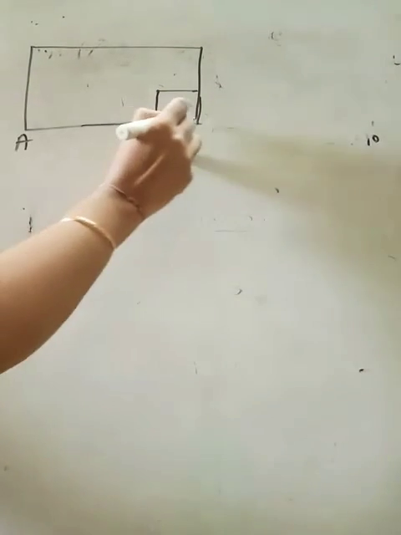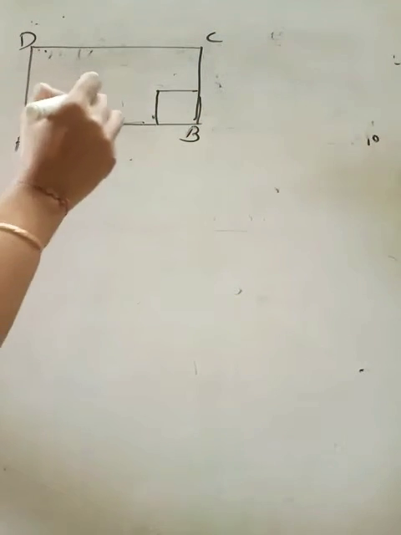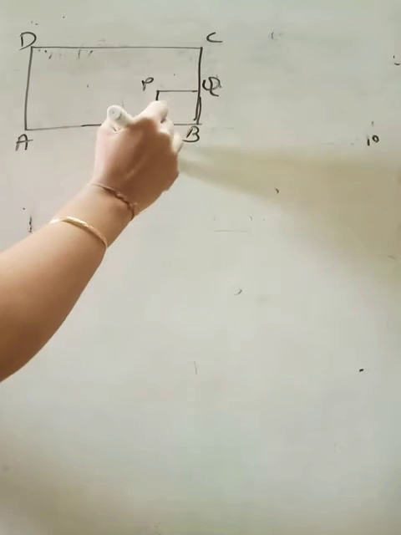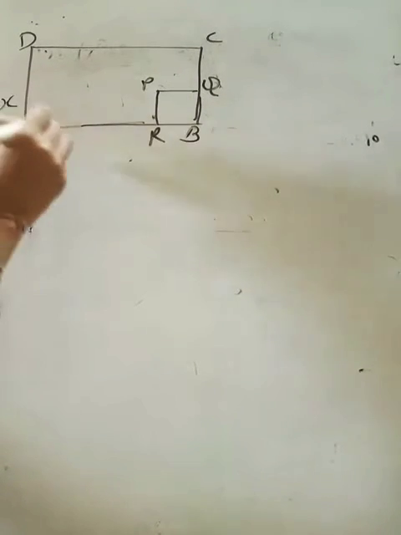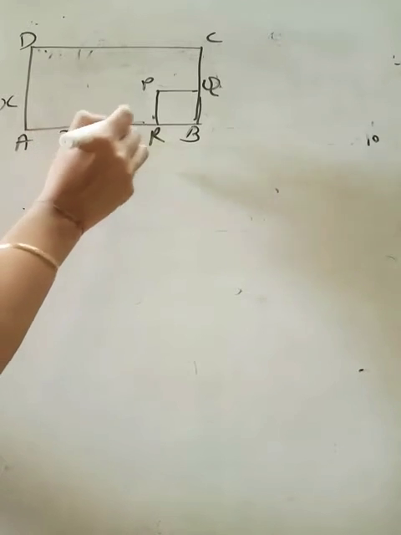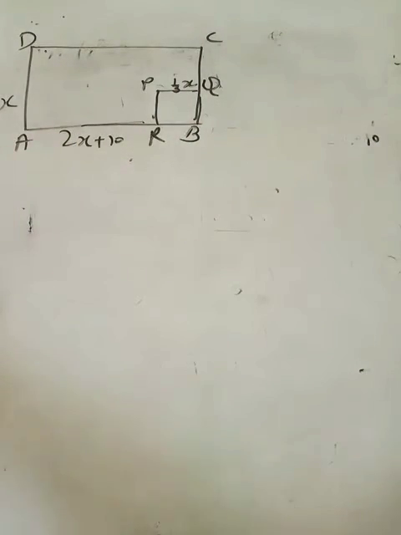So say it is ABCD, and say this is PQR. What we are going to assume for the breadth part, isn't it? That has to be x. So this will be x, this will be 2x plus 10, and this will be 1/3 of x, as we have understood. So now let us write down the things.